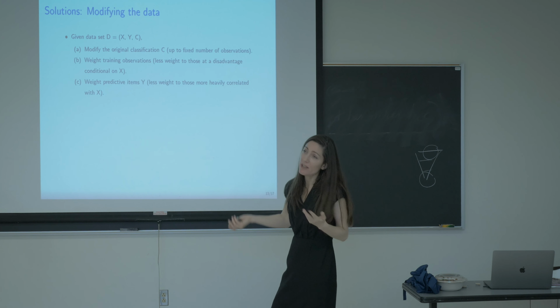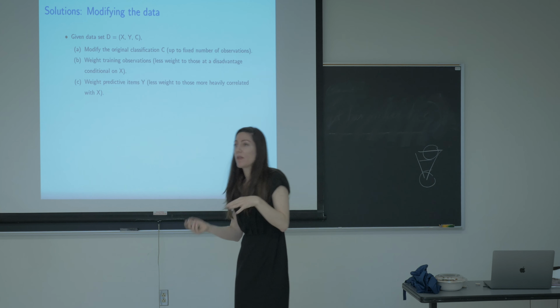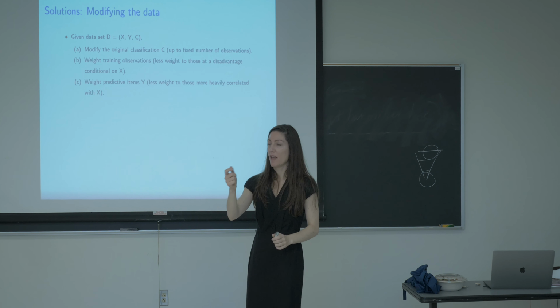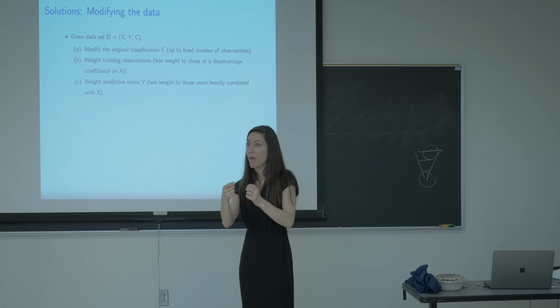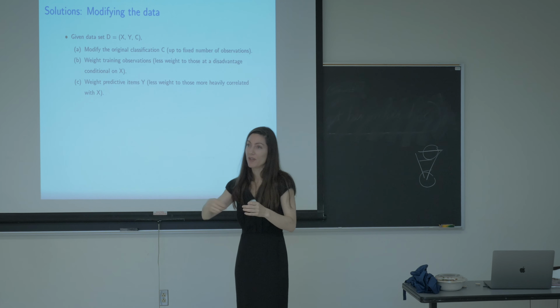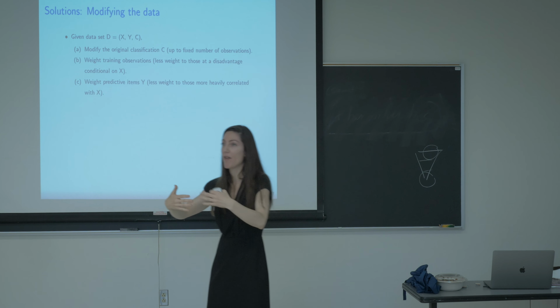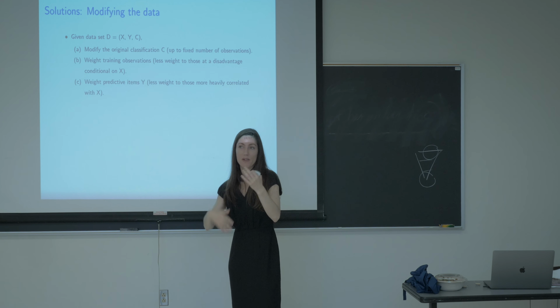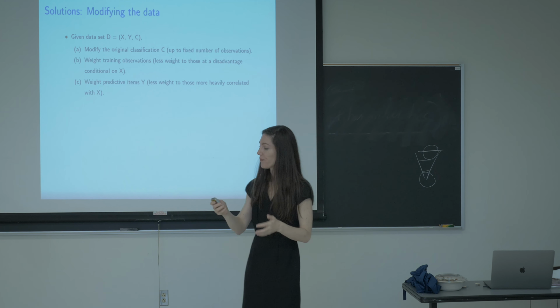You could weight the predictive items such that those that are more correlated with the protected characteristic receive lower weights, and the choice of the weights can be part of the optimization problem. Rather than setting those weights arbitrarily, you can estimate them as part of your estimating procedure, also writing some sort of optimization problem.